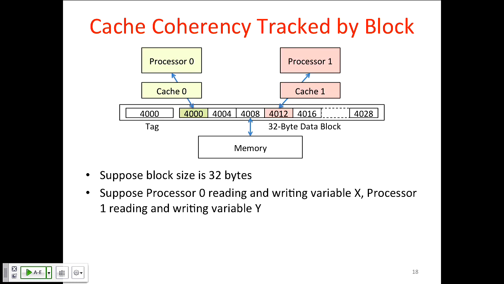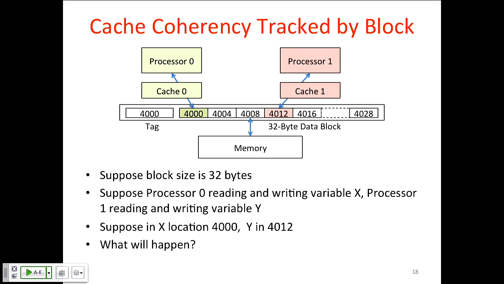Now the way the memory system works is it moves things around in units of cache lines. So the problem you'll see is that if they're both reading and writing these two variables, they're independent variables. They're not touching the same location in memory. They're just touching the same cache line. The coherency is tracked at that granularity. So what's going to happen if this guy reads and writes and this guy reads and writes these locations?